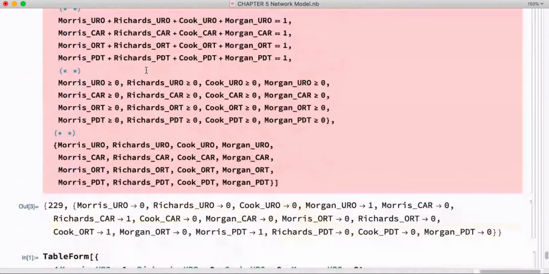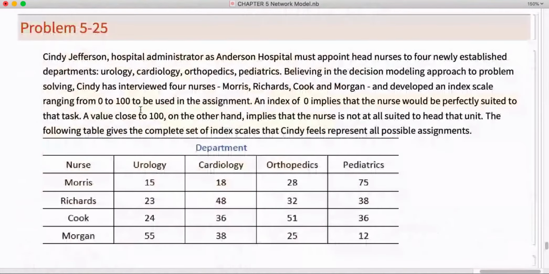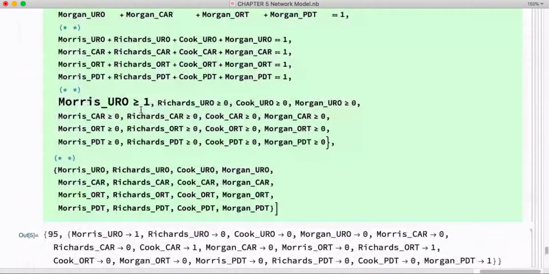We change the case here. What this means? That Morris should go to cardiology. Is this clear? Yeah. As long as we have evidence to defend the case, we can be able to make that case.